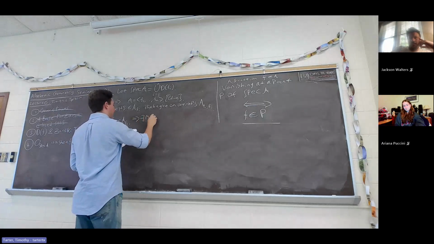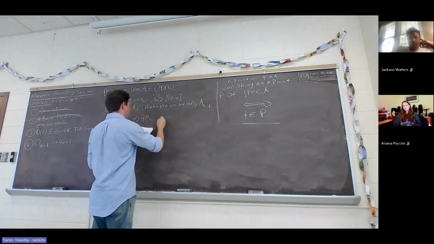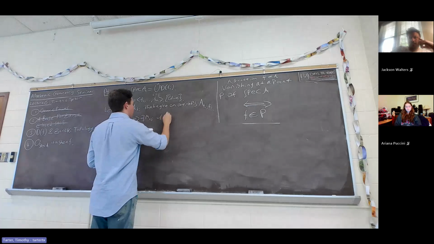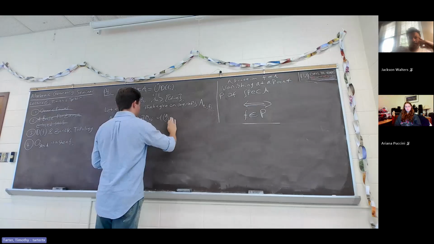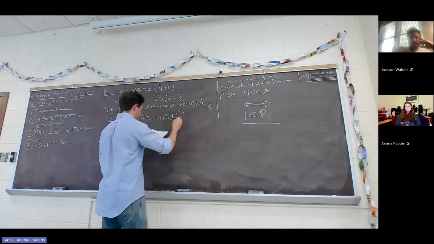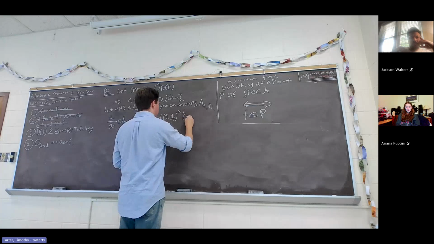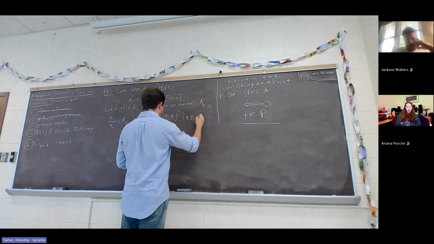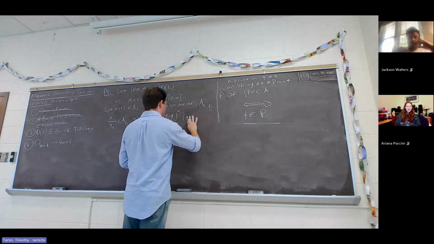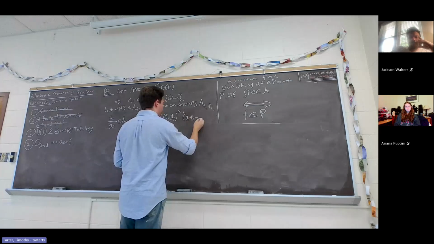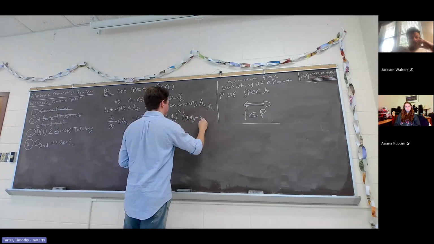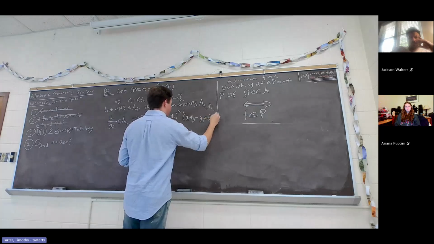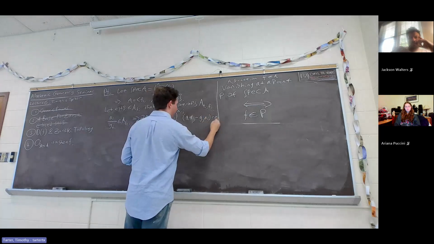that there exists some Mij such that Mij times (Gi Aj minus Gj Ai) is equal to 0.